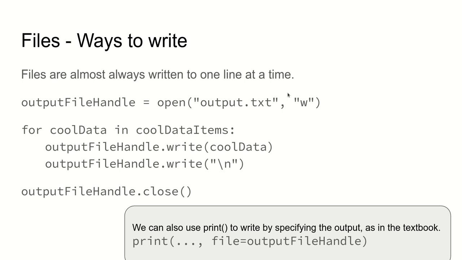Here we're opening it in a write mode. So then we can write things line by line or entry by entry. For our purposes, we'll almost always write one line at a time. So we'll almost always be adding that new line after whatever we've written.